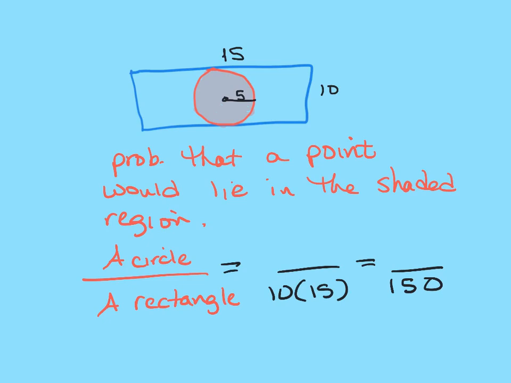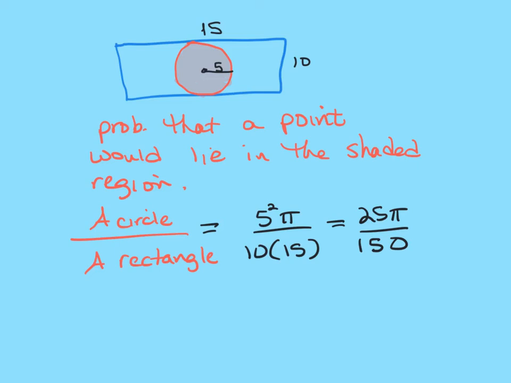And then the area of the circle is pi r squared, so 25 pi. And then we would need to reduce the fraction. I can divide them both by 25, and I would end up with pi over 6. And that would be the probability.